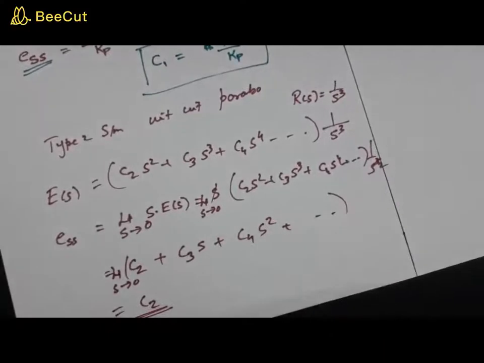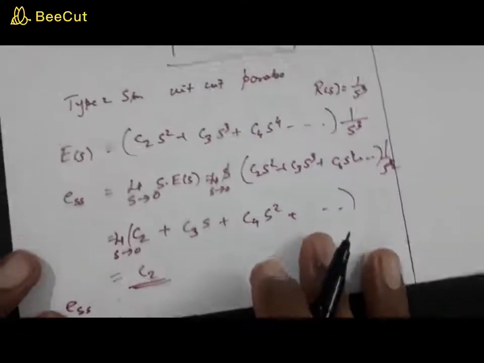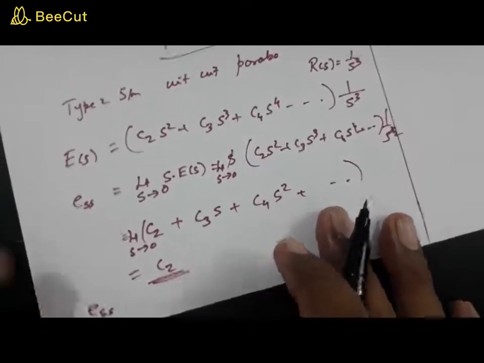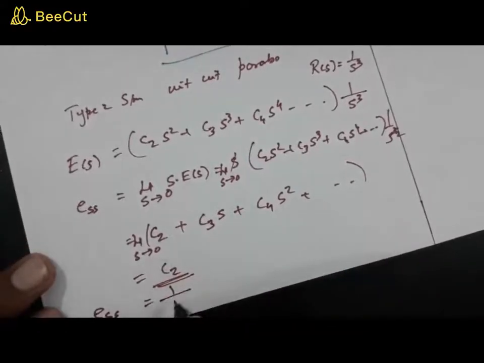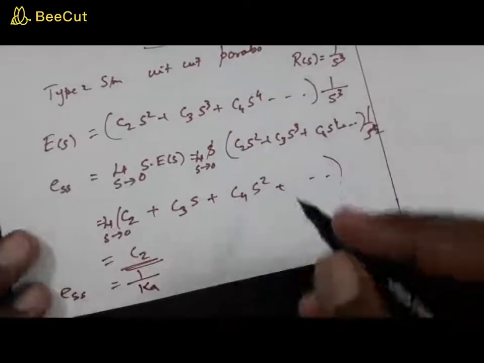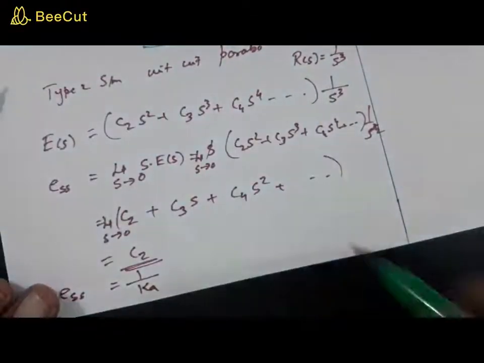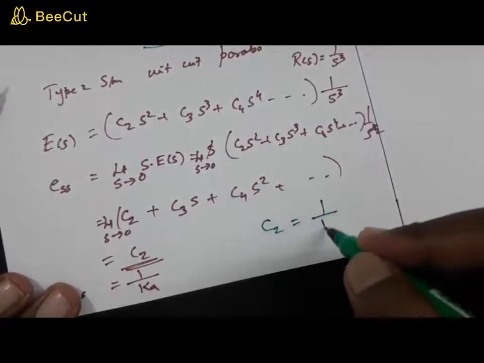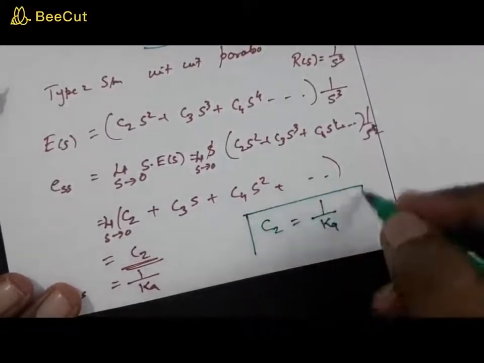Now we know that the steady state error for a parabolic input of a type 2 system, we have proved to be ESS equal to 1 by Ka, or you can come to another conclusion that C2, the dynamic coefficient, is equal to 1 by Ka.